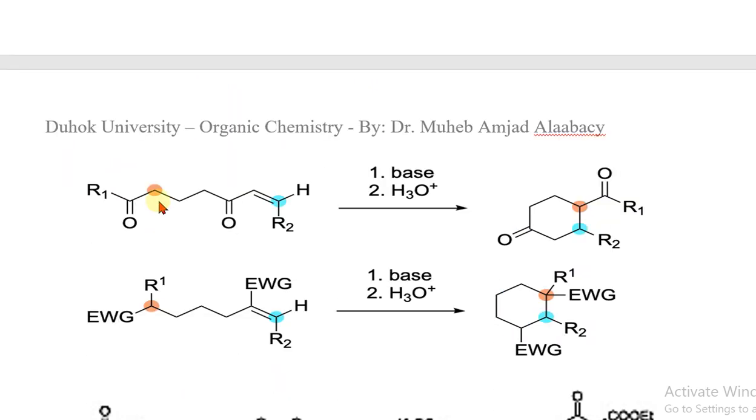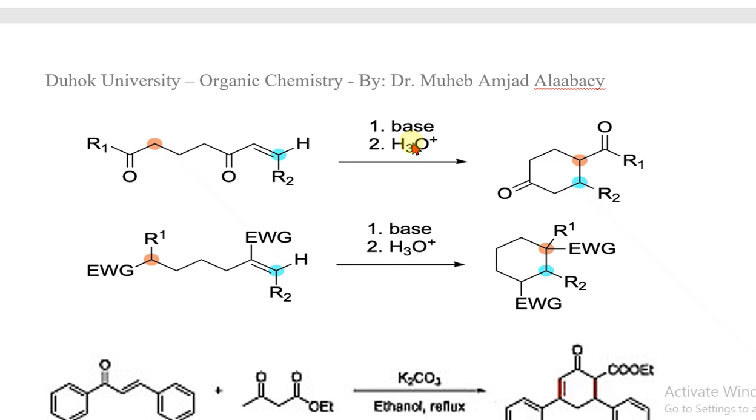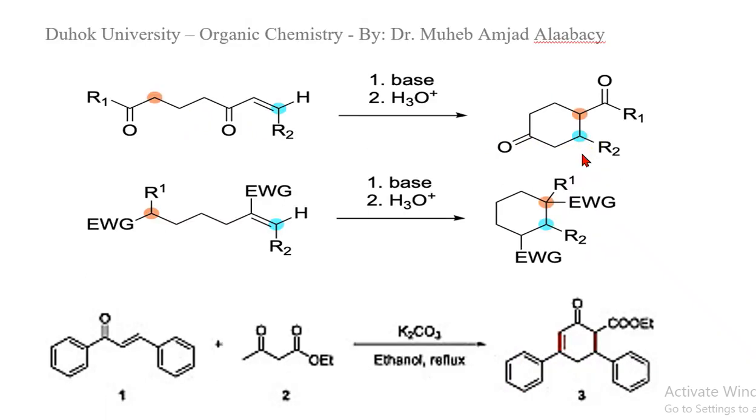So another example here. The base removes this proton, and the carbanion will attack on this side here to give you a 6-member ring cycle, 1, 2, 3, 4, 5, 6, to give you this 6-member ring cycle. Another example here also, look here, this proton will be removed to generate the carbanion attacking from here to make a 6-member ring.